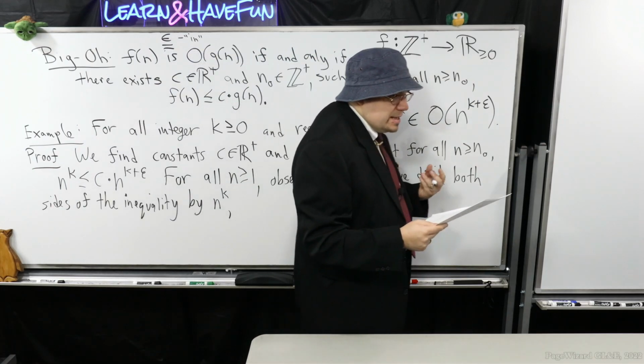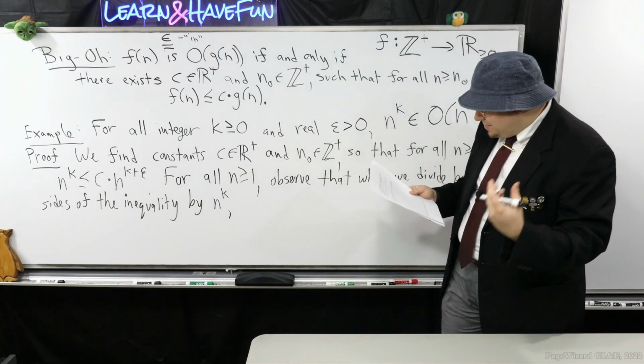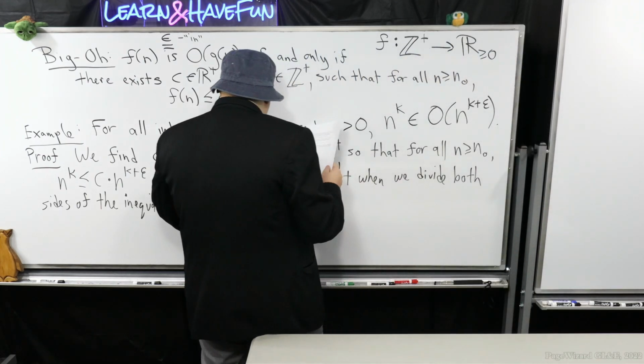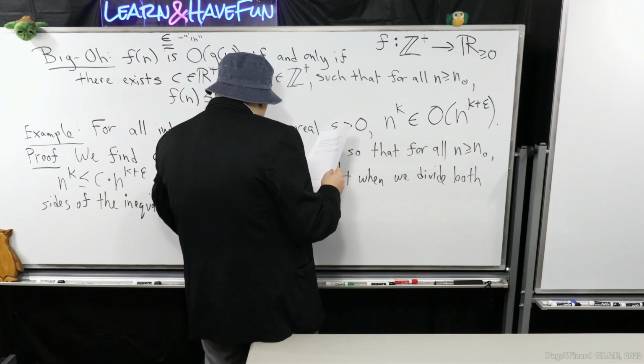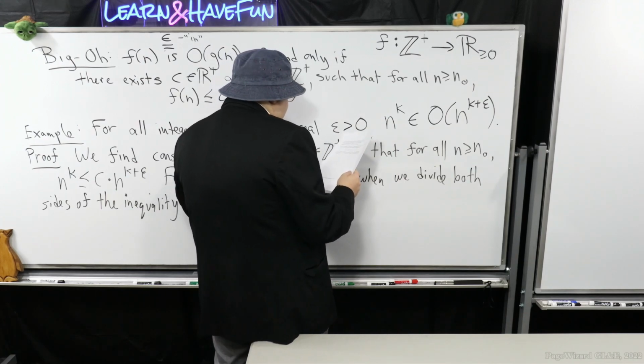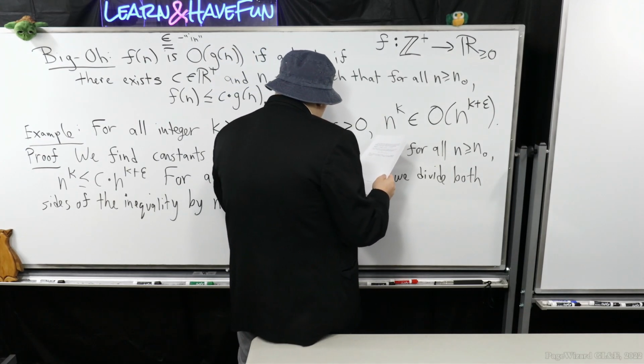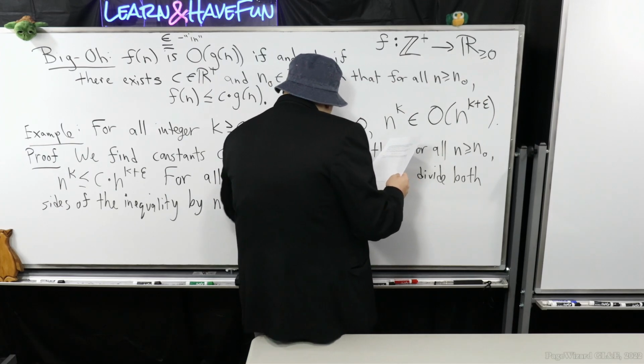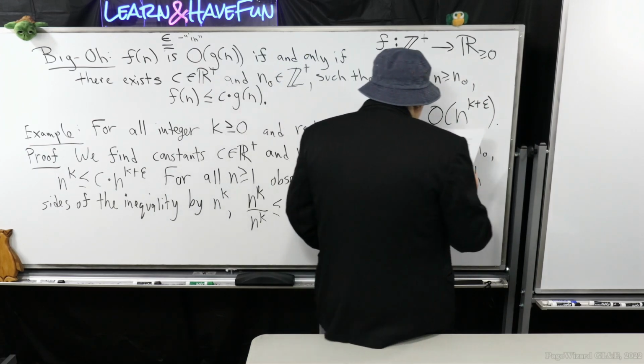And keep in mind, this is a legal step, so let's just proceed. It says that n to the power of k divided by n to the power of k is less than or equal to c times n to the power of k plus epsilon over n to the power of k.